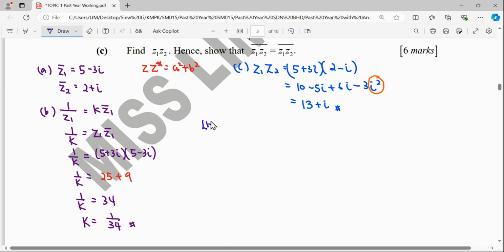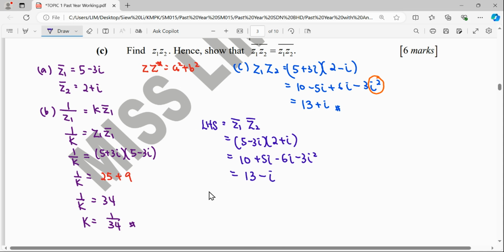We take the left hand side, where the operation will be the conjugate of z1 times the conjugate of z2, which is 5 minus 3i times 2 plus i. We expand this, it will be 10 plus 5i minus 6i, then minus 3i squared. Again, i squared is negative 1 times negative 3, positive 3, it will give us 13. Then for the imaginary part, it gives us negative i.